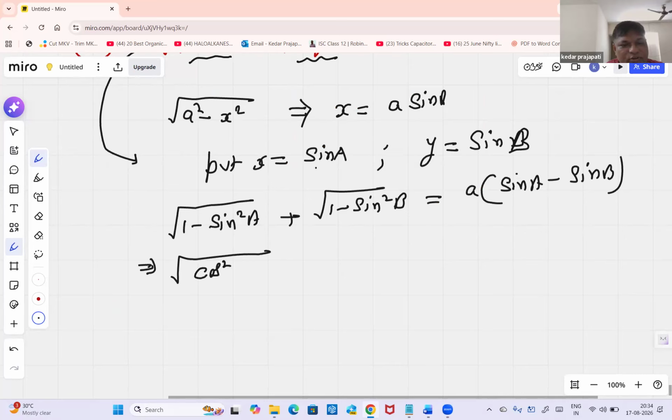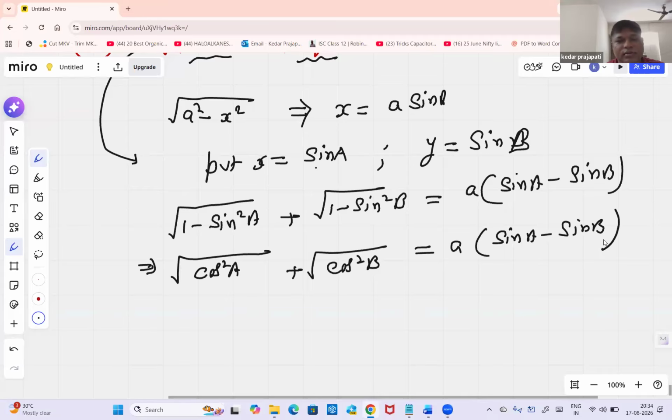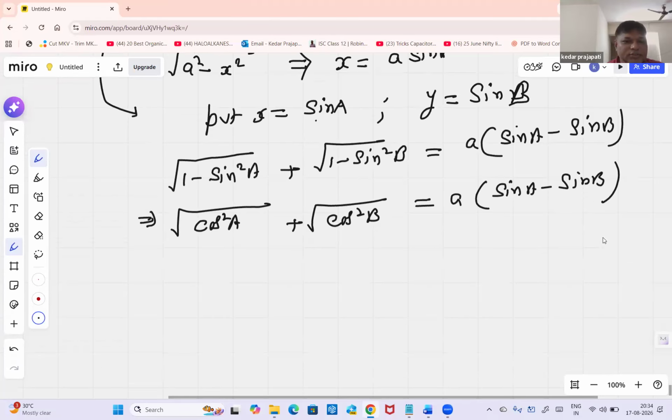So you will write root of cos square A plus root of cos square B is equal to a of sine A minus sine B. This can be solved as this will come out of root, cos A. This will be coming out of root, cos B, is equal to a of sine A minus sine B.